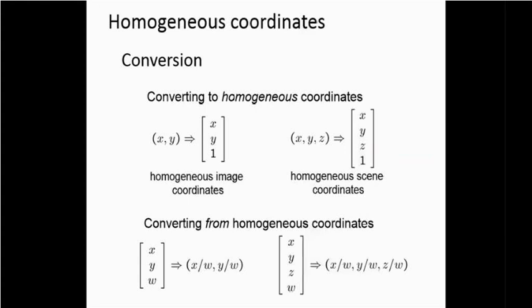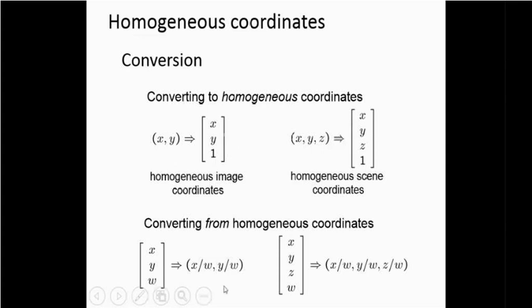Where Euclidean coordinates store a particular point, homogeneous coordinates store a direction. So it's a point up to a scale. If I want to convert x and y to homogeneous coordinates, it becomes x, y, 1. And if I want to convert x, y, z to homogeneous coordinates, it becomes x, y, z, 1.